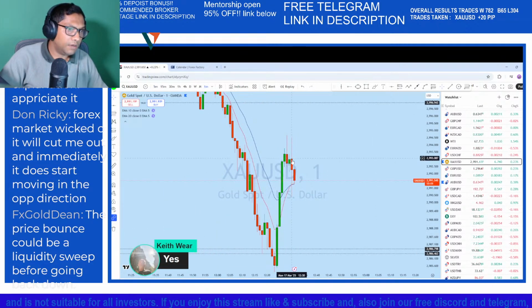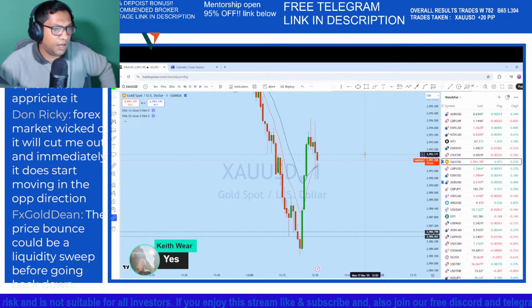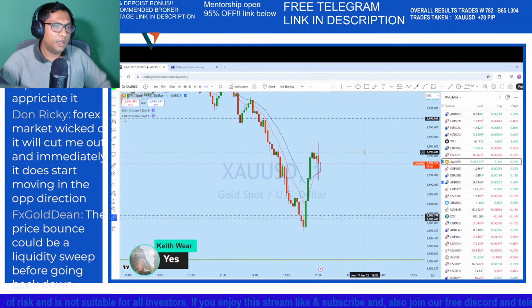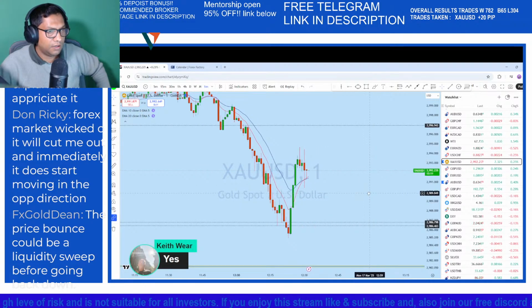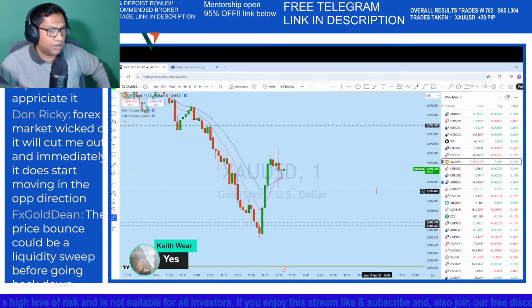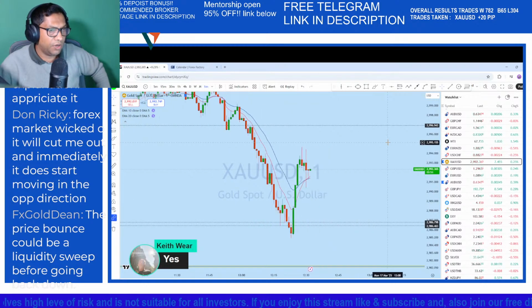So here 1 minute bearish engulfer, and with that 1 minute bearish engulfer is the market slowly potentially coming down here. See how far it might be going.